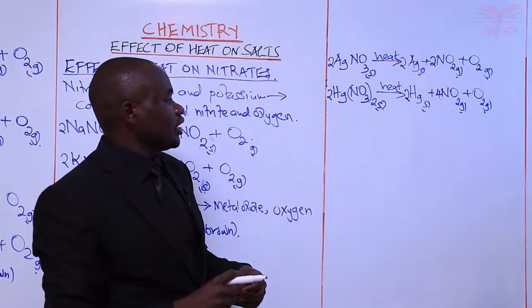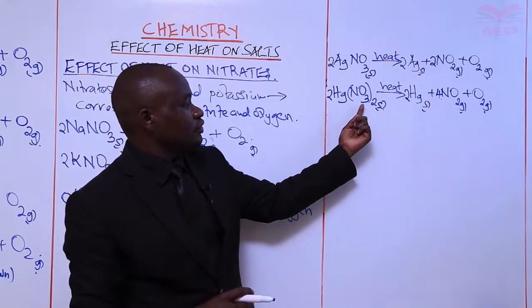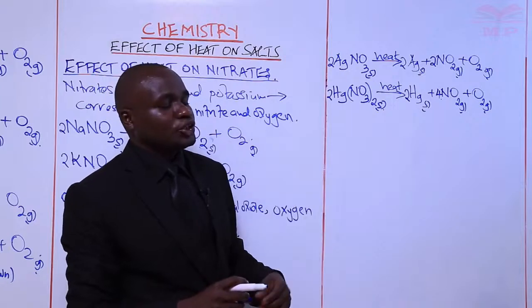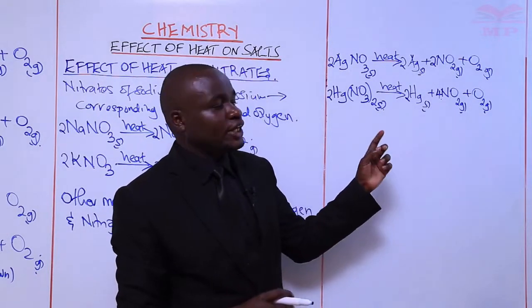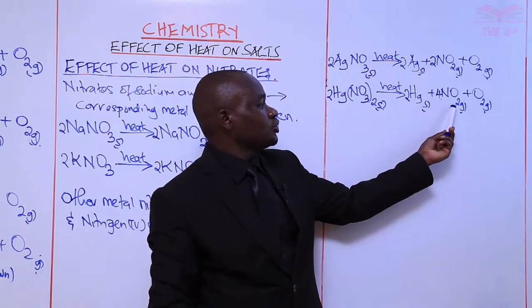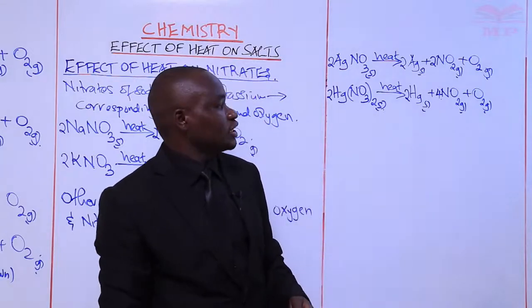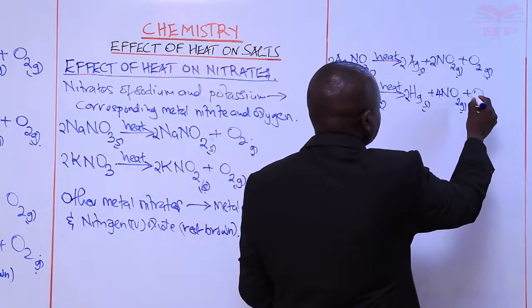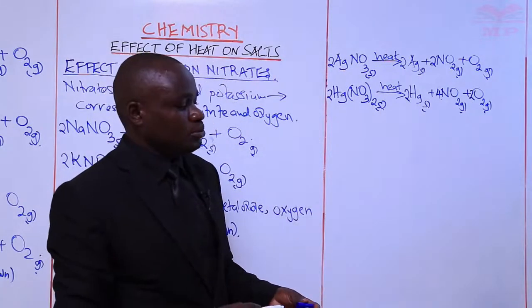So once again, confirm oxygen. This is 3 times 2, that is 6 times 2, that will be 12 atoms of oxygen. Let us confirm how many oxygen atoms are there on the right hand side. This is 4 times 2, that is 8, plus 2, that is 10. They are supposed to be 12. So how do you make it 12? By putting here 2 like that. So the equation will be balanced.